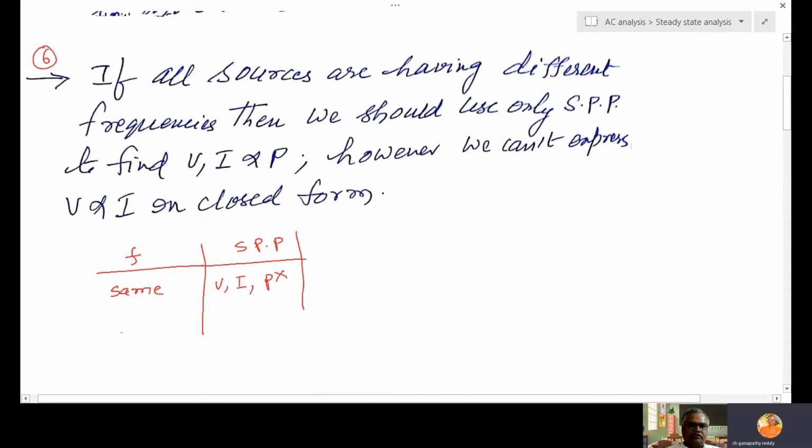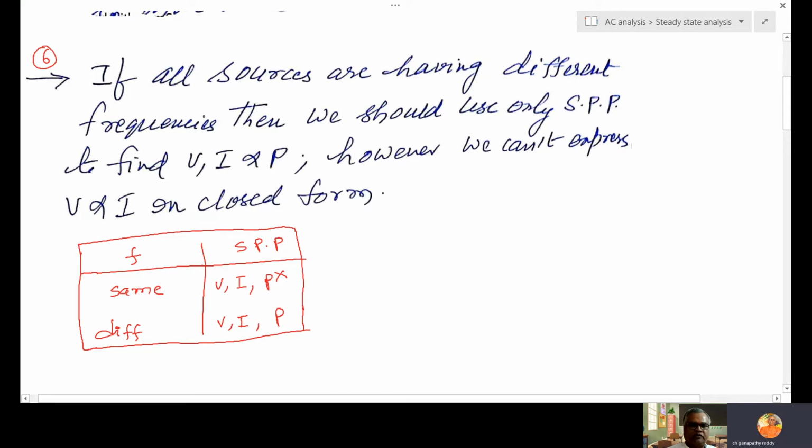But if frequencies are different, we can use the superposition principle for voltage, current, as well as power. Now you should know the reason why, when frequencies are the same, we are not using it for power, and when frequencies are different, we are using it for power. You should have this clarity. You should understand this.